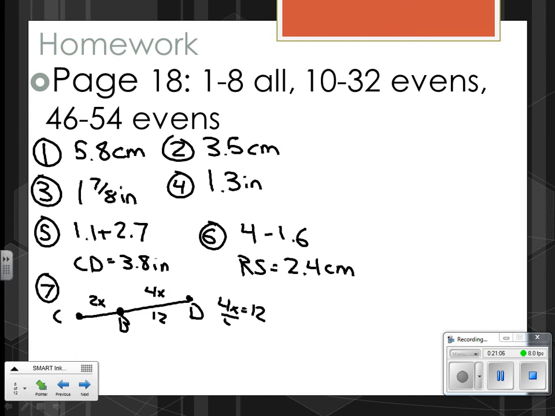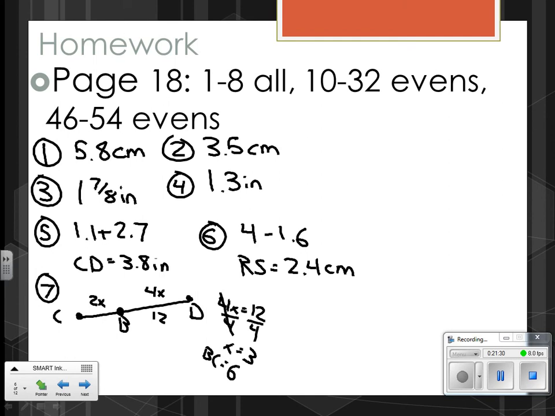Divide by 4. X does equal 3. Now we're also supposed to find the length of BC. So that would be this piece right here, correct? So how long is BC? Yeah, and now we're done. Any questions on that one?